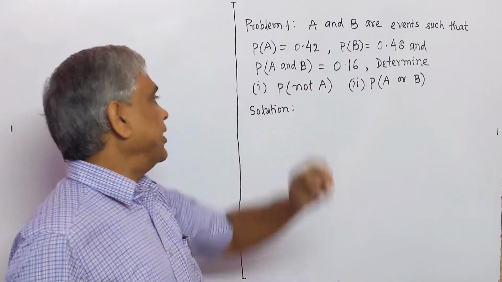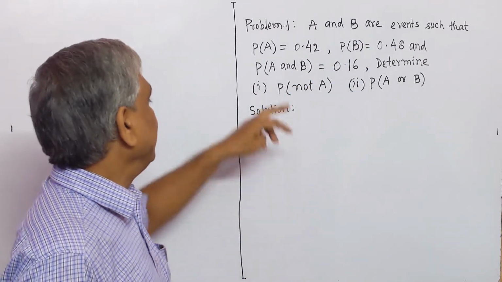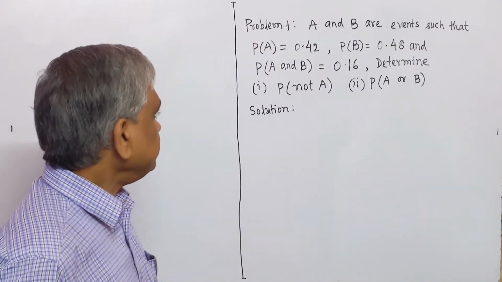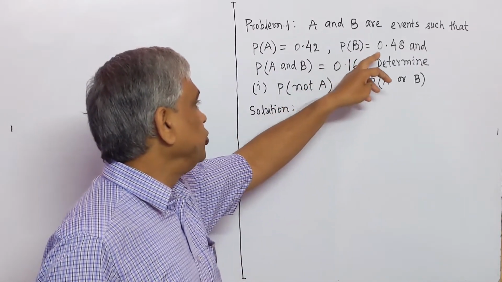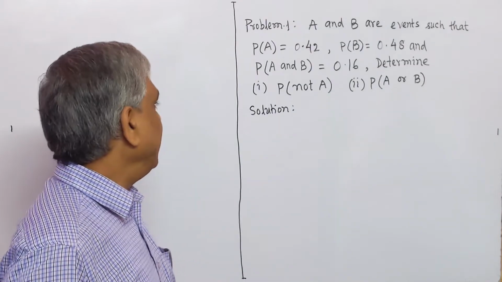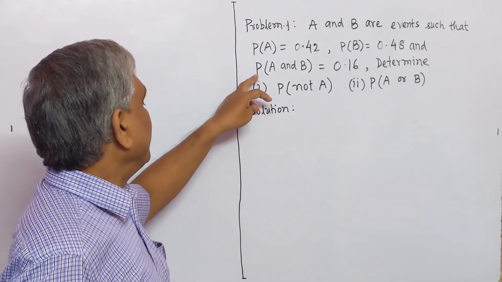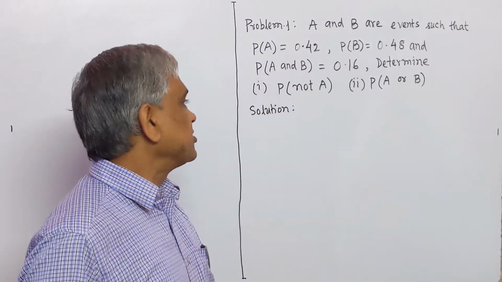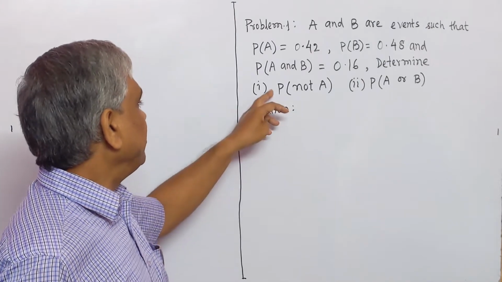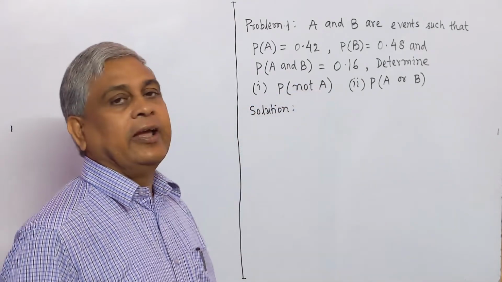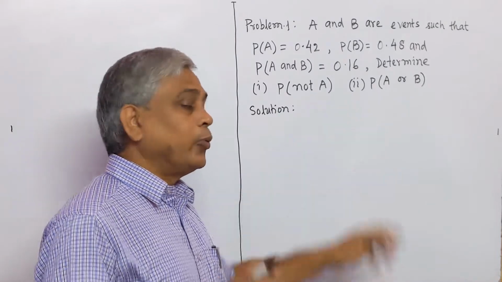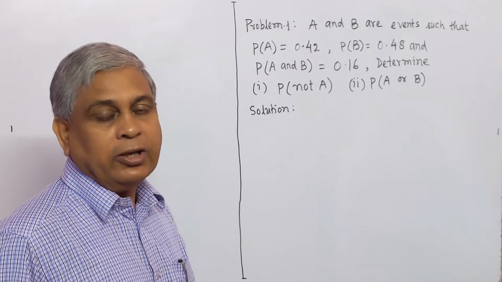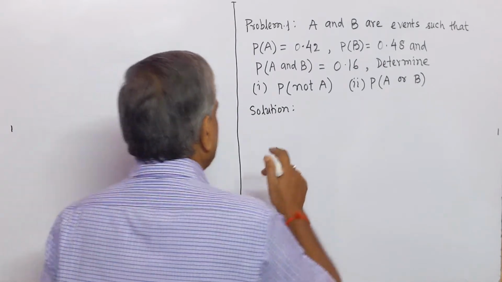A and B are events such that probability of A equal to 0.42, probability of B equal to 0.48, and probability of A and B equal to 0.16. Determine number 1, probability of not A. Number 2, probability of A or B. Now we solve this. Solution.